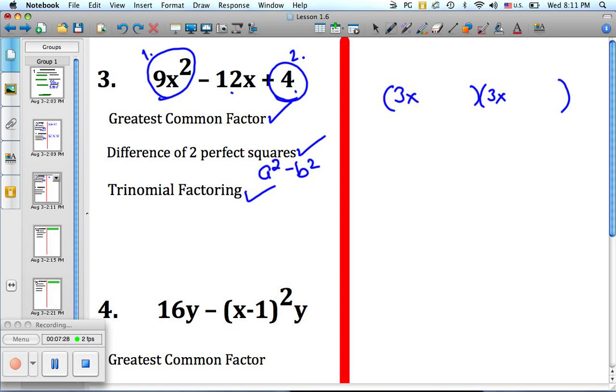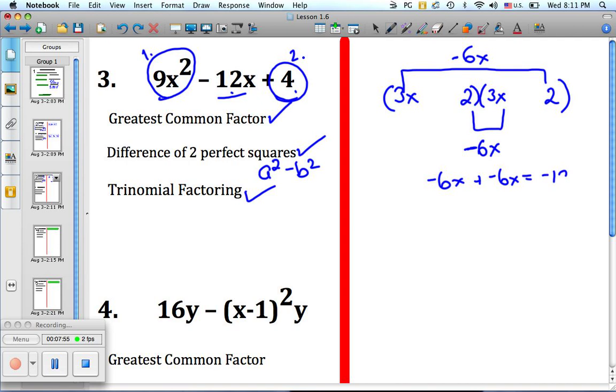How about 2 and 2? Well, let's build my bridge. Let's build my tunnel. All right. Can a 6x and a 6x ever get me 12x? Yep. And now it has to be a negative 12. Well, if I make this negative and this negative, a negative 6x plus a negative 6x does indeed get me negative 12x.